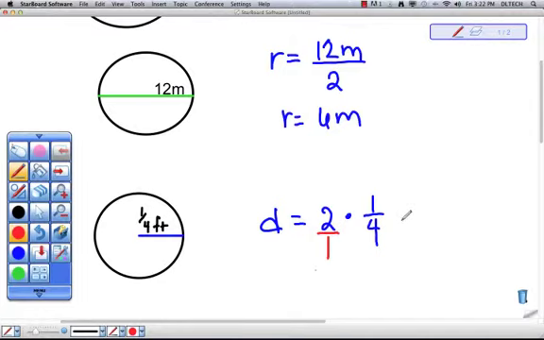Then you can multiply across, giving you 2 times 2 would be 2, and 1 times 4 is 4. This then reduces to 1/2.